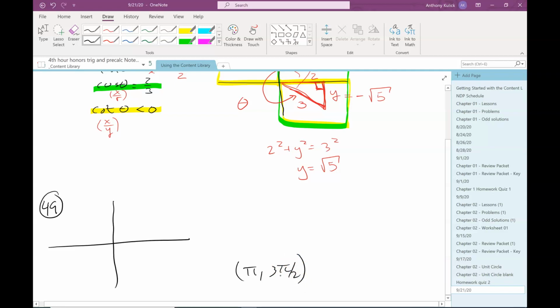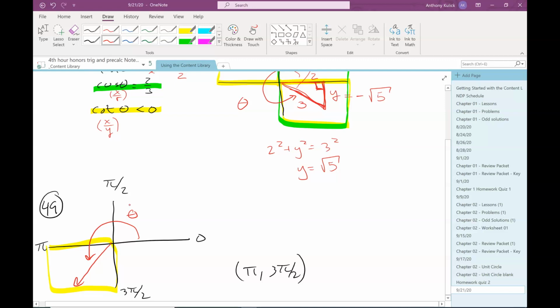So my first goal would be to draw up a picture. So this is an angle that's somewhere between pi and 3 pi over 2 radians. So if I remember my unit circle, or I just remember that each quadrant is pi over 2 radians apart, my angle that lies somewhere in there would be in this third quadrant.